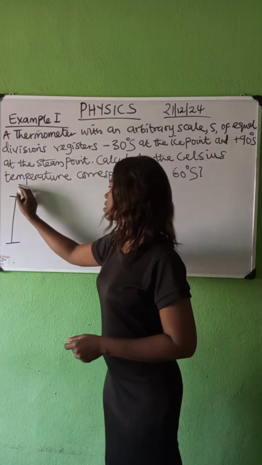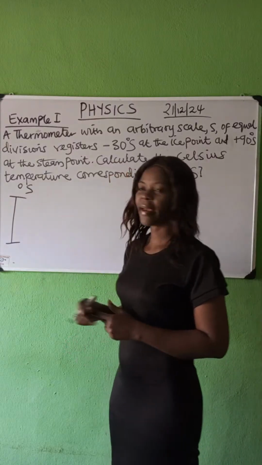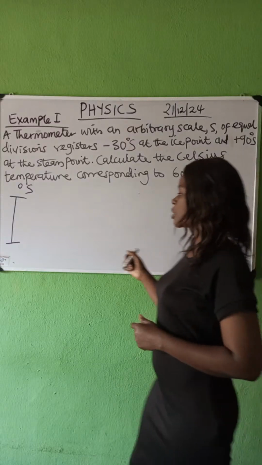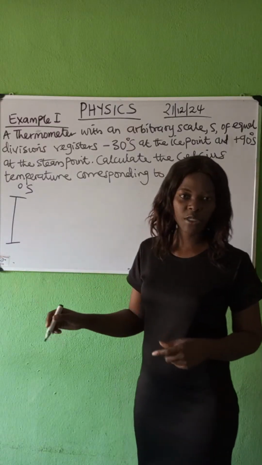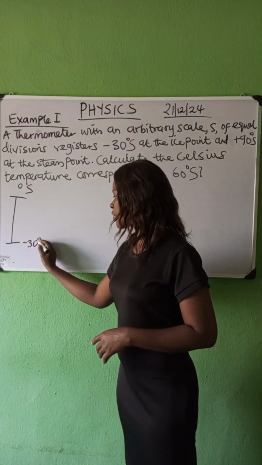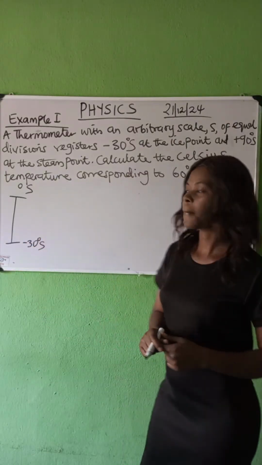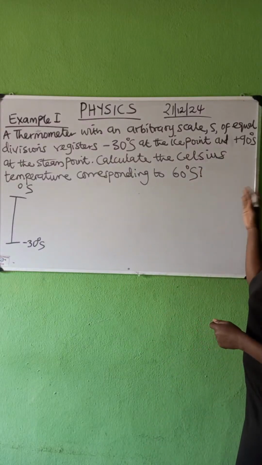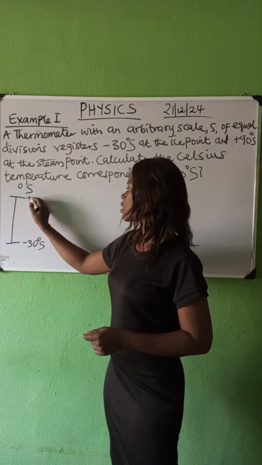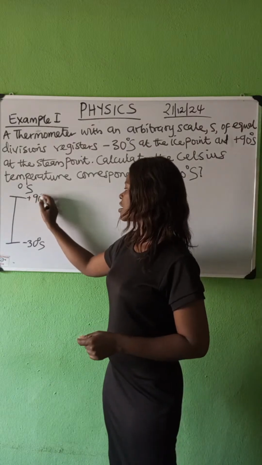It is measured in degrees X. And it registers minus 30 degrees X at the ice point. The ice point is the lower fixed point, which is the down part. So I will have minus 30 degrees X. Is that clear? And also plus 90 degrees X at the steam point. So this becomes plus 90 degrees X.